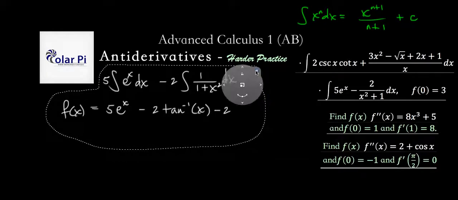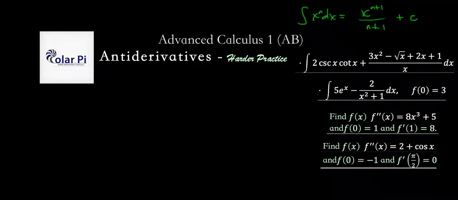Okay, cool. So what does this say? This says find f of x given that f double prime is equal to 8x cubed plus 5. So since we know f double prime is 8x cubed plus 5, by finding the antiderivative of f double prime, we can hope to get to f prime plus a constant, right?